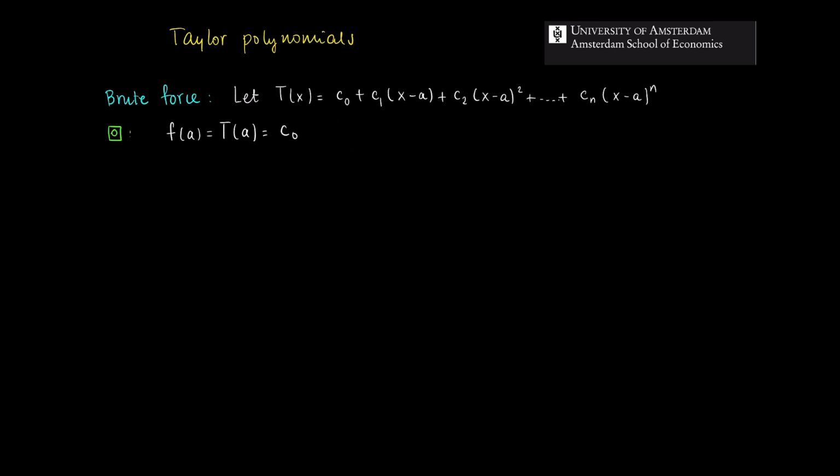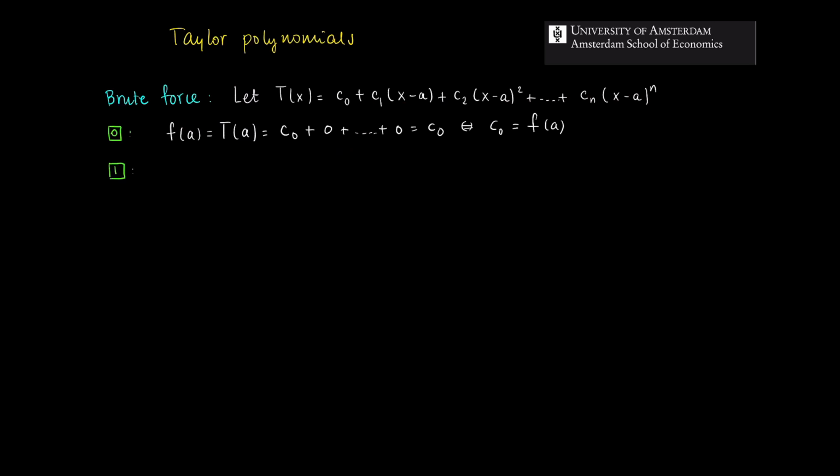So we get c0 plus 0 plus 0, etc. So that would mean that c0 would need to be chosen as f of a. There's no other possibility than that c0 should be f of a.